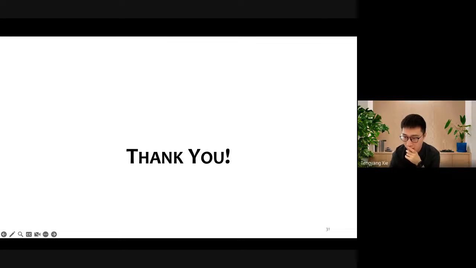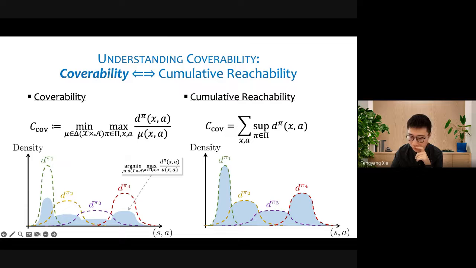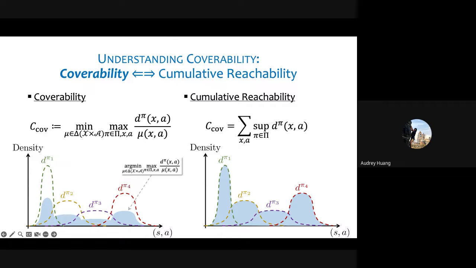I guess Audrey's question is: in the upper bound result, we only use the equivalence of coverability as cumulative reachability. Is that the question? Yeah, that's my question.